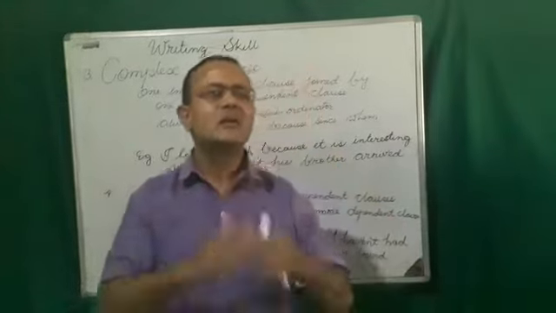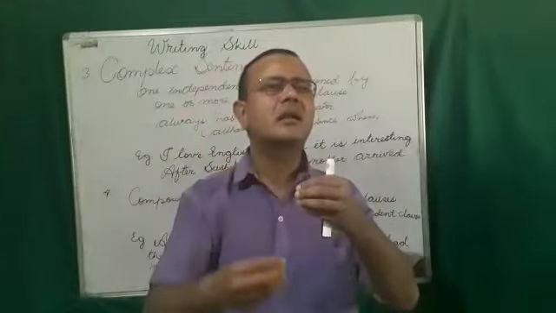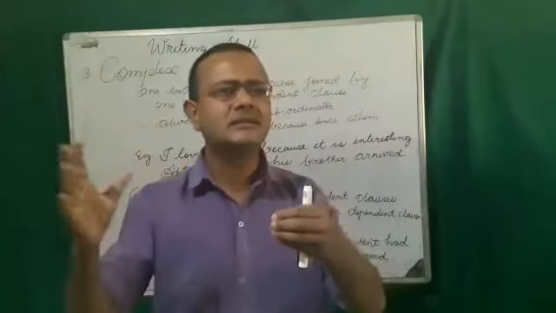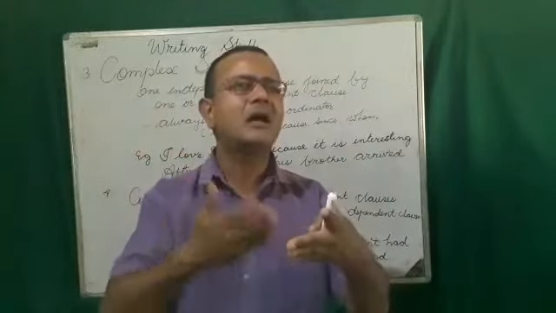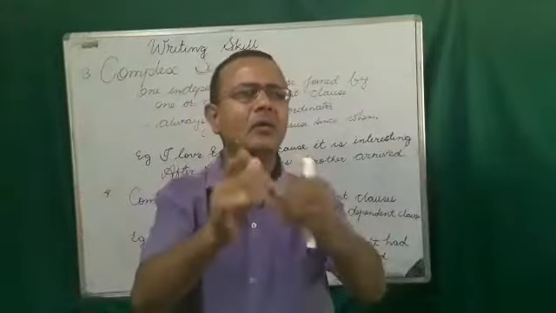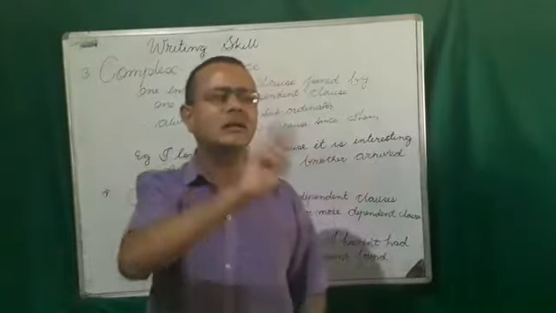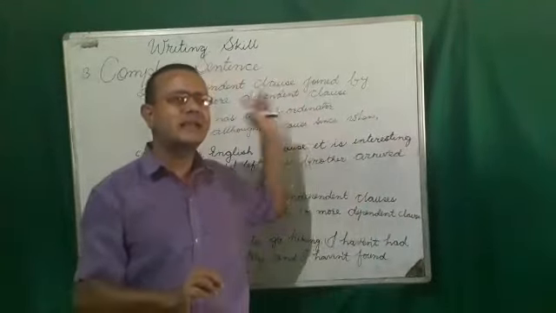As we talked about, a compound sentence means two independent clauses, two main clauses, joined by a connector like and, but, for, yet, so, etc. Now we talk about the third type of sentence, that is the complex sentence. A complex sentence, as the name suggests, is one independent clause and one dependent clause.